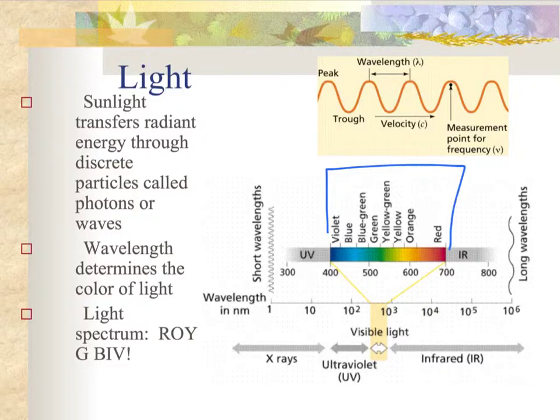Now, the wavelength from crest to crest or trough to trough determines the color that the light will be. So as you can see here, the lower the wavelength, the higher the frequency, or the more energy it has. Okay, and then the longer the wavelength, it goes here to the red side.